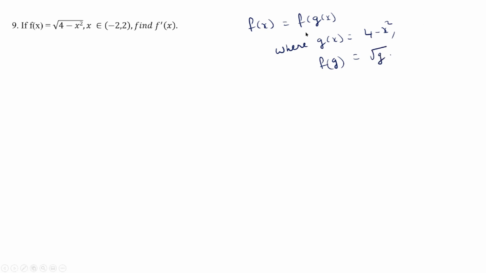So here it is a composite function, so we have to use the chain rule to find the derivative. F dash of x will be f dash of g into g dash of x.